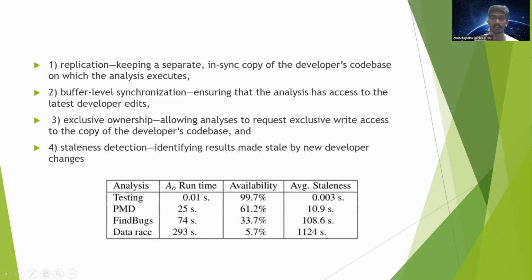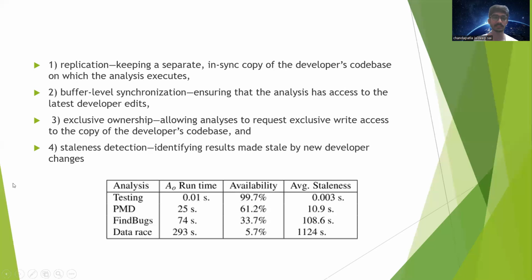So here we can see the table. Here the columns are analysis, runtime, availability, and average staleness. In the testing analysis, the runtime is 0.01 second and the availability is 99.7%. So the testing is done very quickly, and staleness is 0.003.